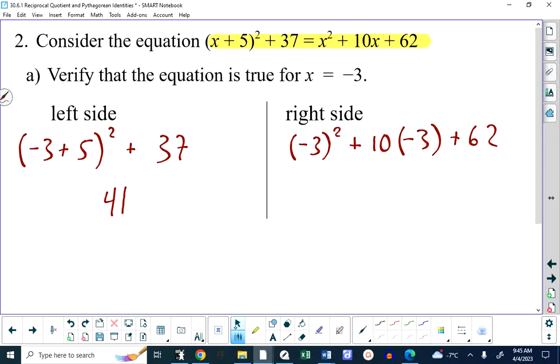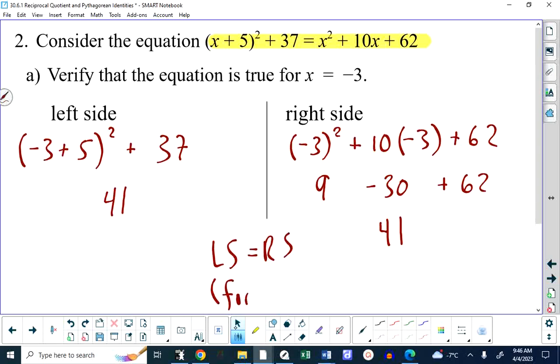Good. Over here, I have 9 minus 30 plus 62. 62 minus 30 is 32. 32 plus 9 is 41. So we have verified that the left side and the right side are equal for x equals negative 3.